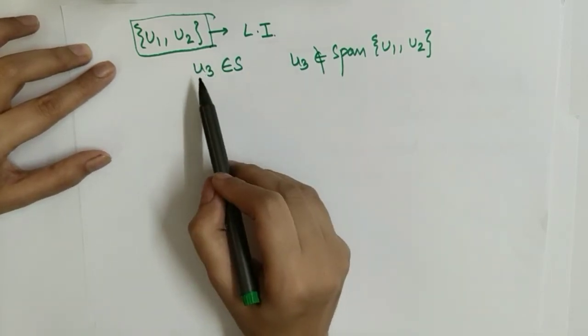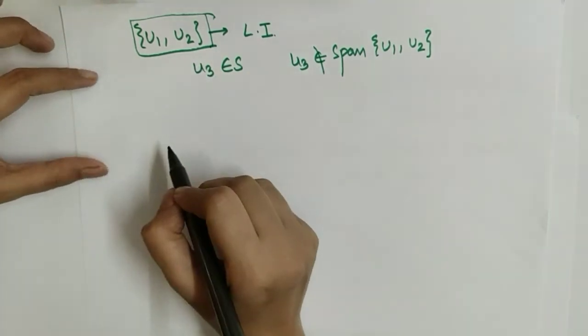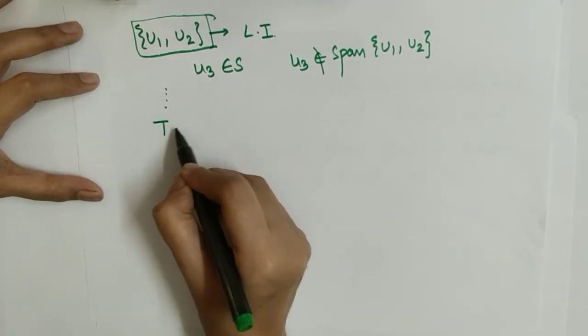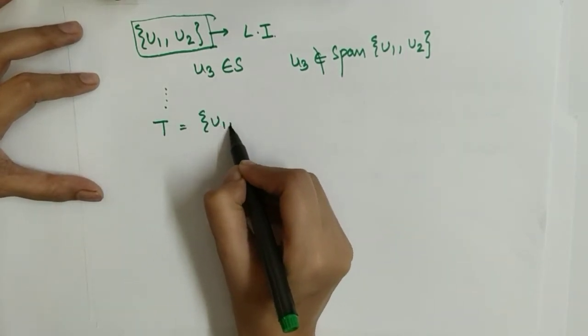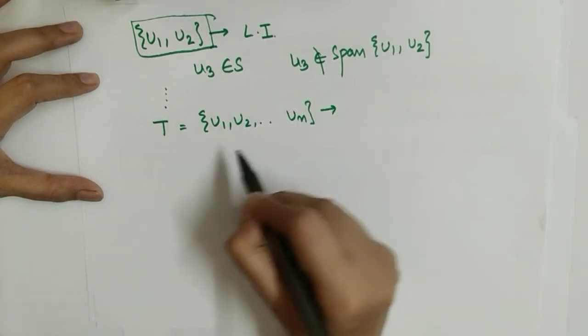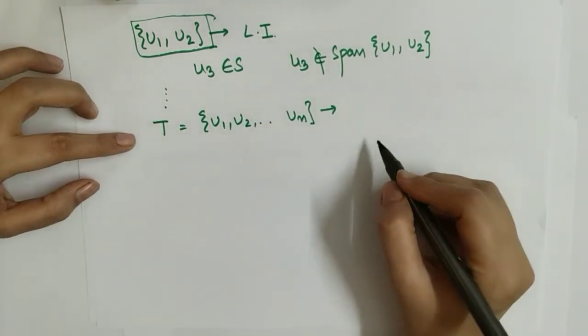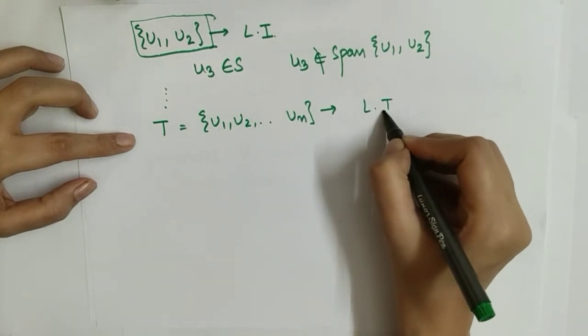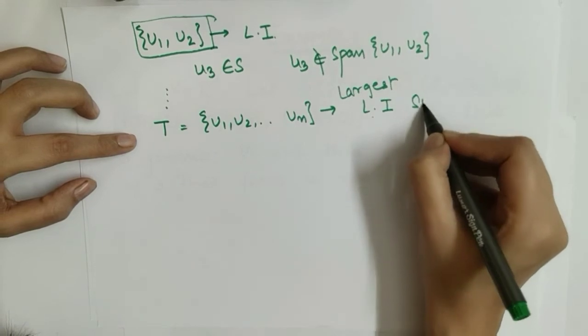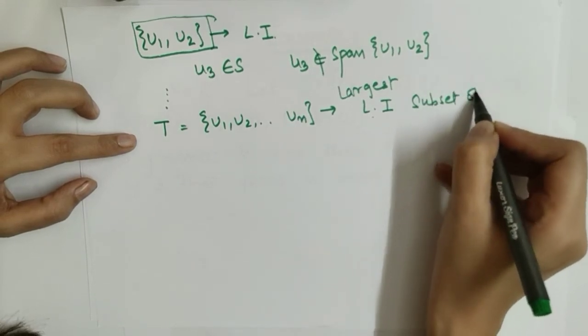So we are assuming that U3 exists. So we continue this process until we get T, which is equal to {U1, U2, Un}, to be the largest subset of S which is linearly independent. So it is the largest linearly independent subset of S.